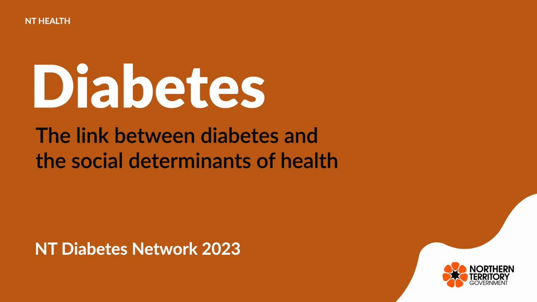This is the same for diabetes. A person's risk of diabetes and diabetes outcome is largely influenced by the social and environmental conditions in which they live. To improve the rates and burden of diabetes and overall health and well-being in the Northern Territory, the social determinants of health must be addressed.